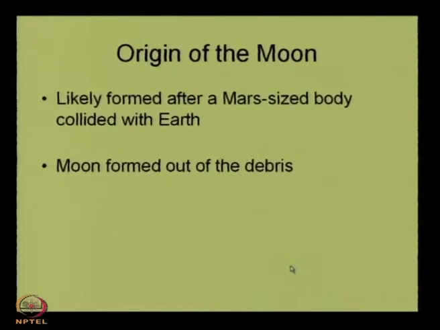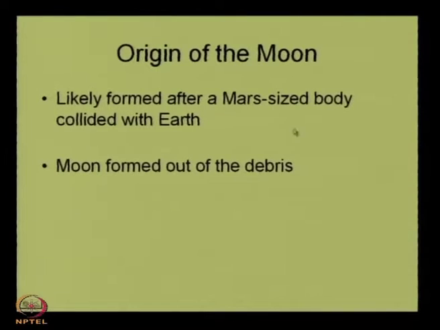We have learned how the solar system originated. Now let us briefly touch upon the question, how did the moon originate? It is believed that it possibly formed by the impact of a Mars-sized body on the earth.